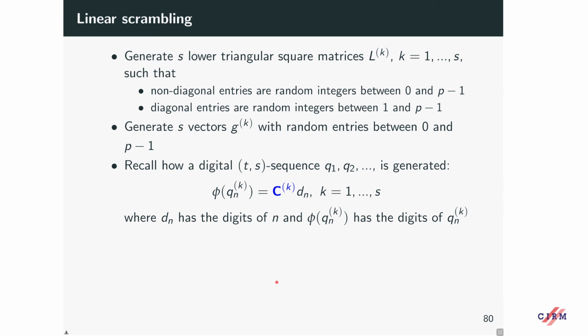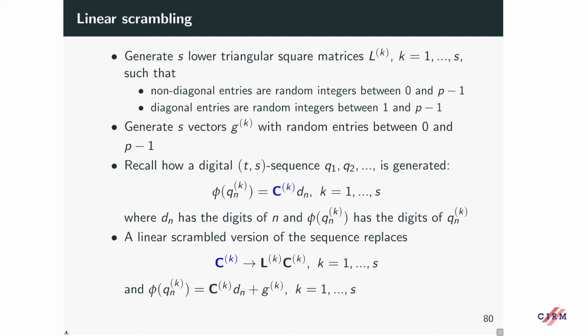Early on, we talked about digital (t,s) sequences and how to generate them. To generate a digital sequence, we multiplied the generator matrix by the vector whose components were the coefficients of the digit n. And that product actually gave us the coefficients of the real number when it's written in its base b expansion. So this function phi is pointing to those coefficients.